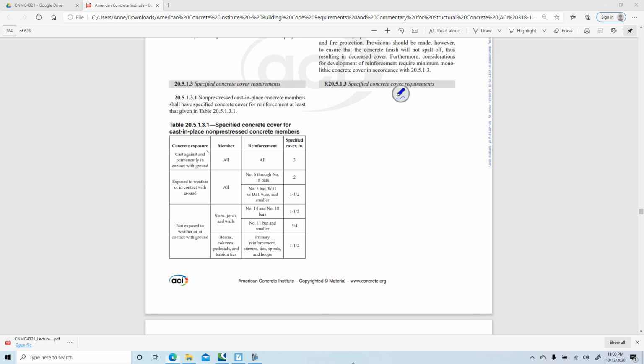Cast against the ground, and this is cast in place. If you're in the ground, you're at 3 inches. You have to have 3 inches between the outside of your beam and the first thing of reinforcement, which is probably your stirrups.